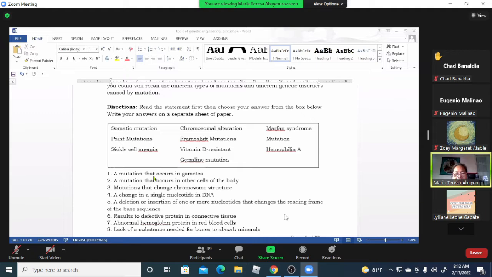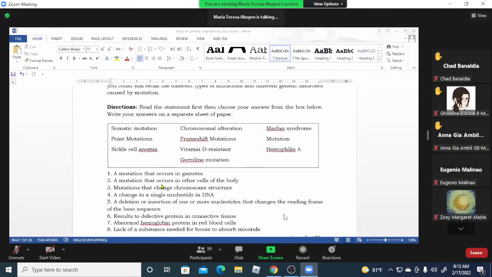So any mutation that occurs either in the DNA of the sperm cell or the DNA of the egg cell is collectively called germline mutation. And number 2, a mutation that occurs in other cells of the body. Anybody? Somatic mutation.